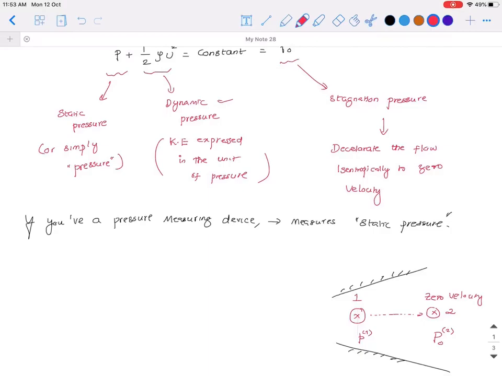When you decelerate the velocity to 0, dynamic pressure goes to 0, so what you get is stagnation pressure. So if you decelerate the particle isentropically and then measure pressure, you will get stagnation pressure.